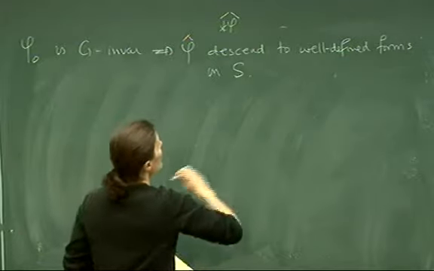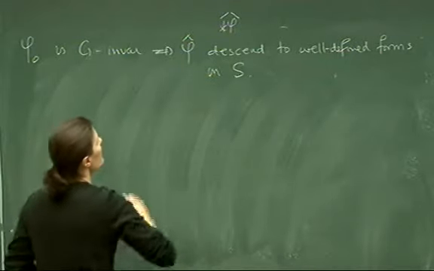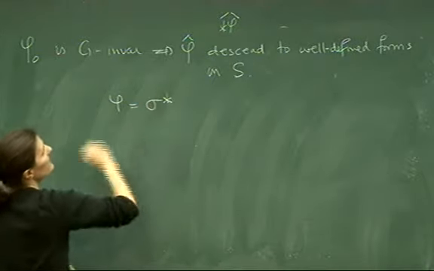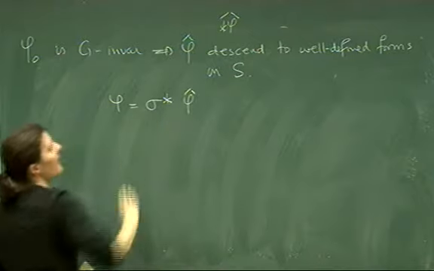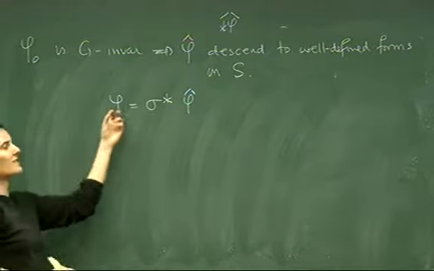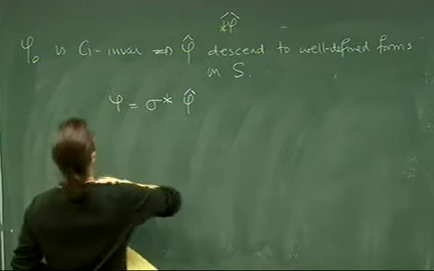Okay. And moreover, this is just a reiteration of the comment I made over here that phi is the pullback by the section sigma of phi hat. So take phi hat, push it down to S, look at the section that corresponds to your choice of G2 structure, pull back by that section, and that's another way of constructing phi.